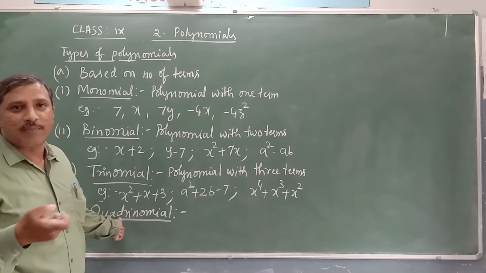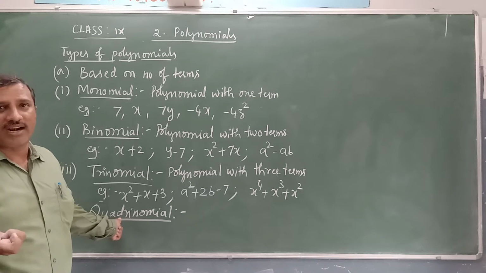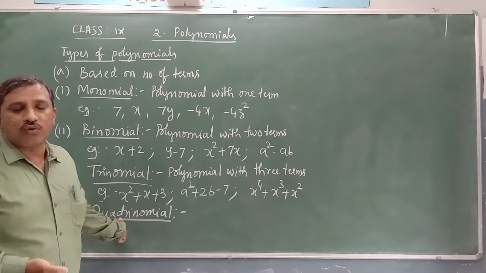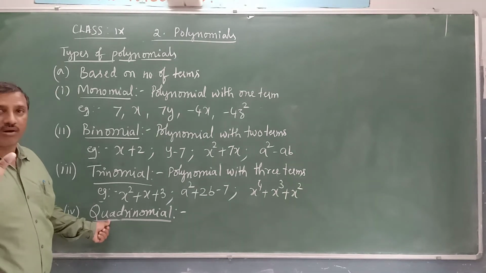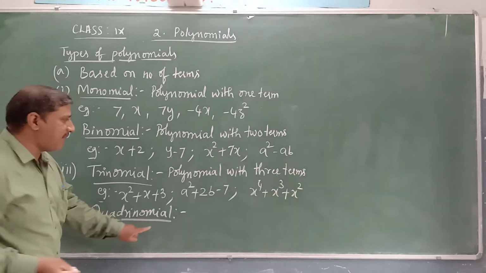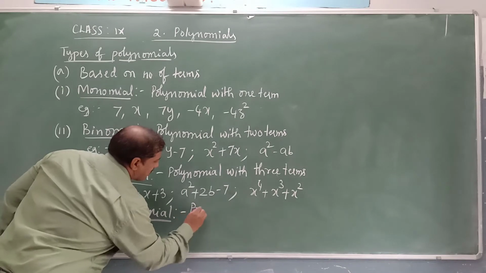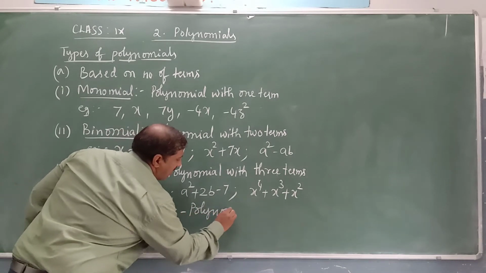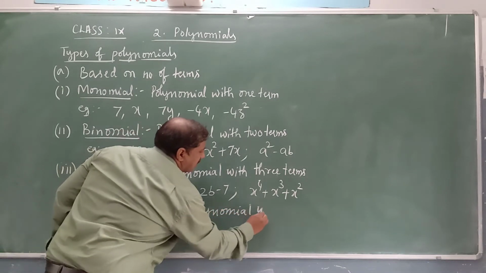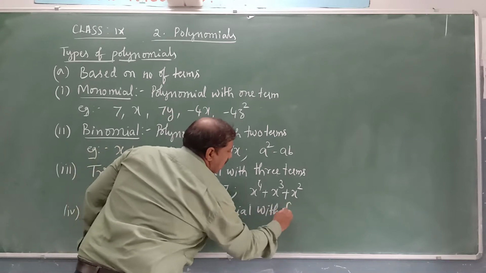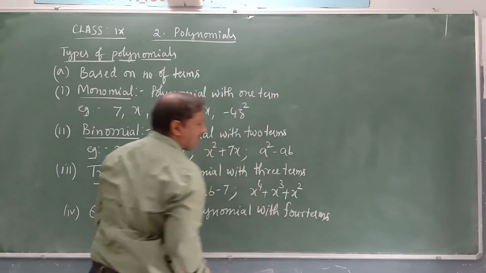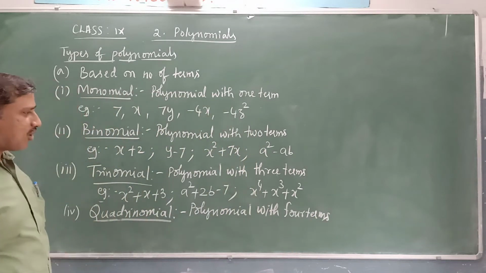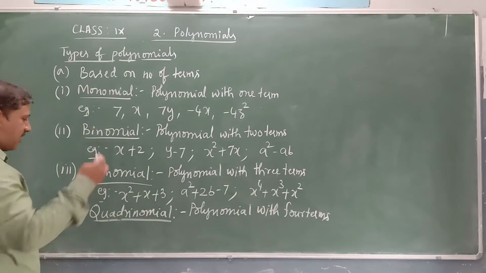Quadrants: the plane is divided into four quadrants by the vertical line and the horizontal line. So here quadri represents 4. So quadrinomial means a polynomial with 4 terms. A polynomial with 4 terms is called a quadrinomial.